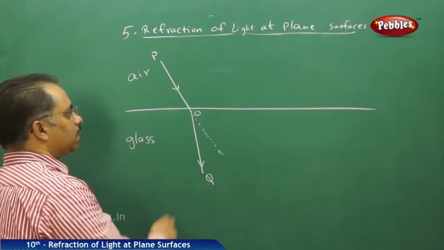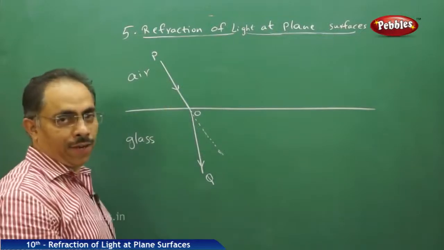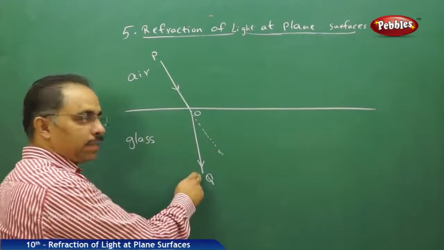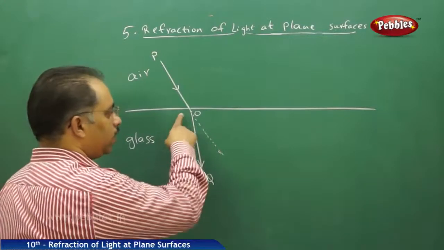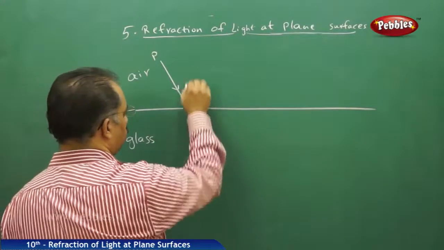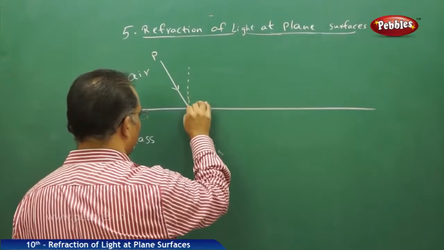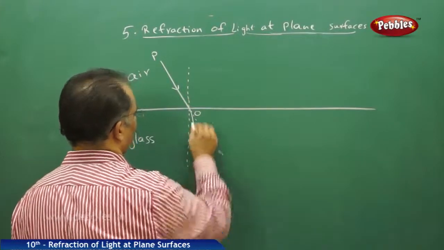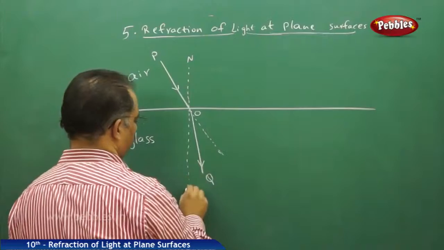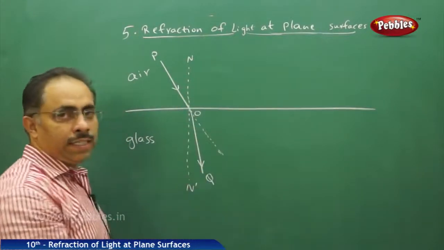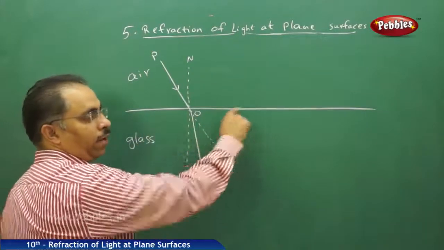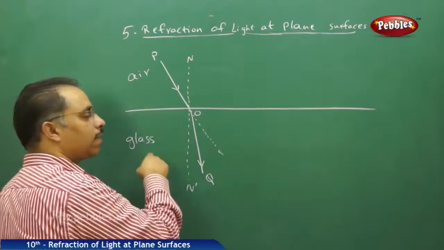Now, what's happening is PO is the incident ray, OQ we'll call the refracted ray. O is the point of incidence. Now, if I draw a normal, NO N dash is the normal to the boundary between air and glass.